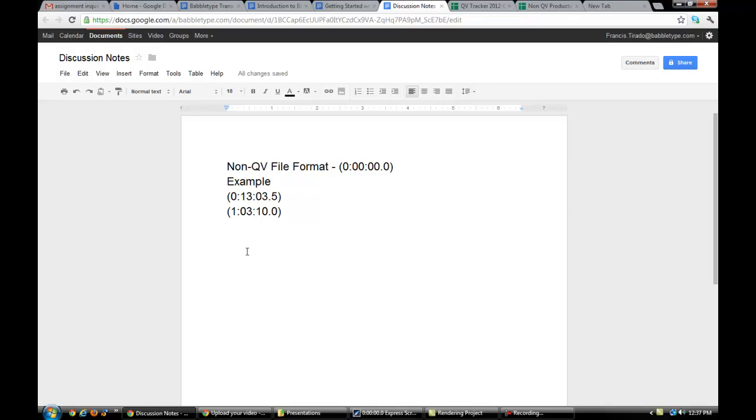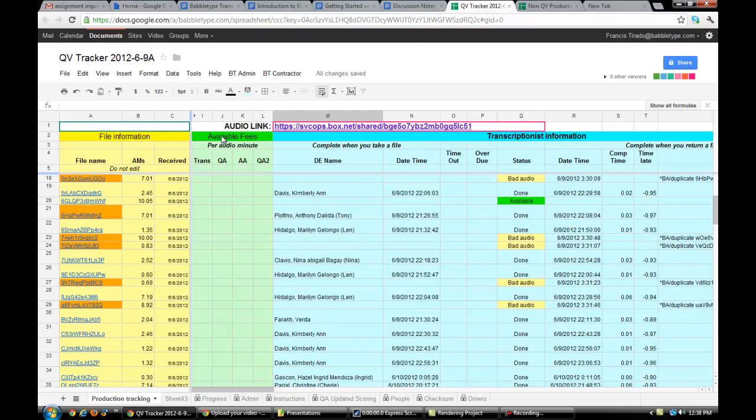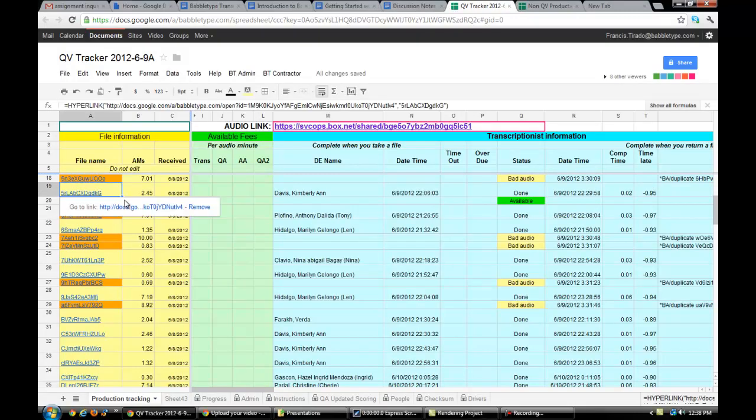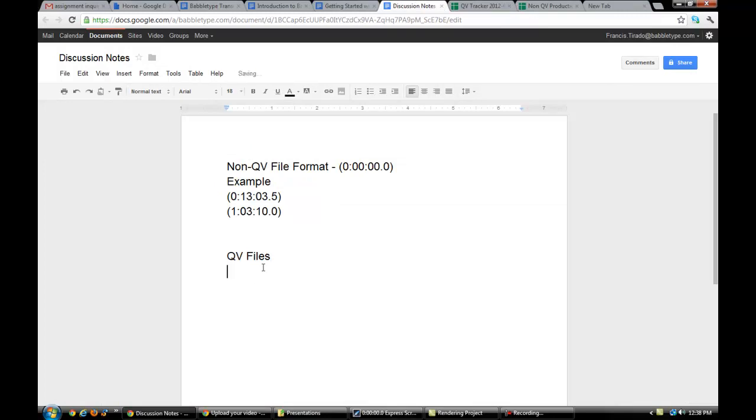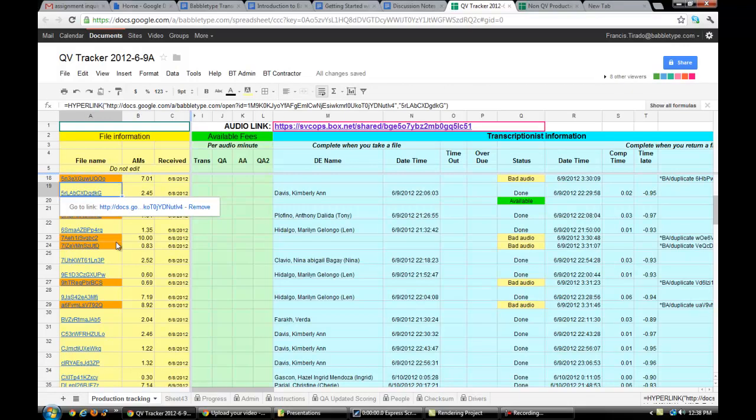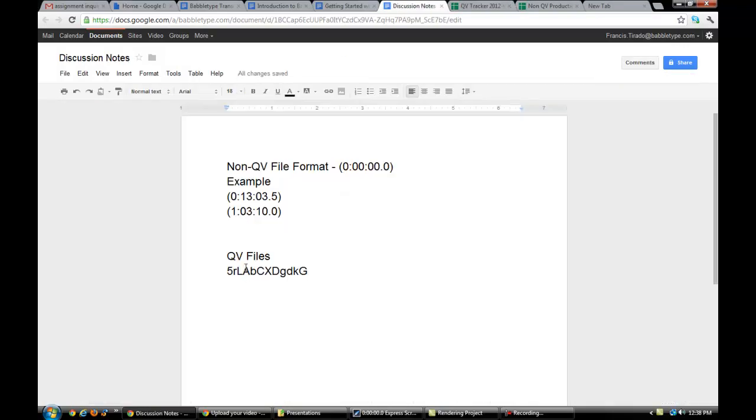Now, QV files are found in your QV trackers and sometimes in the non-QV tracker, but with special names. You see this kind of names. Go back to the discussion notes. I think you're familiar with those types of names. These are examples of QV files.